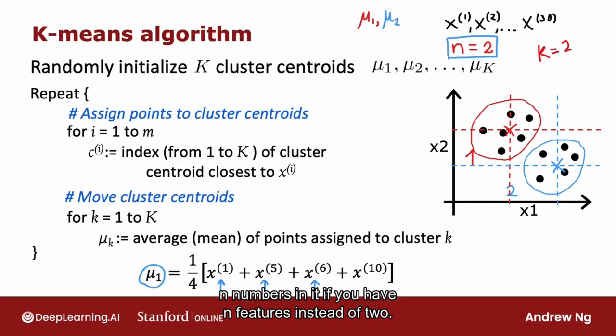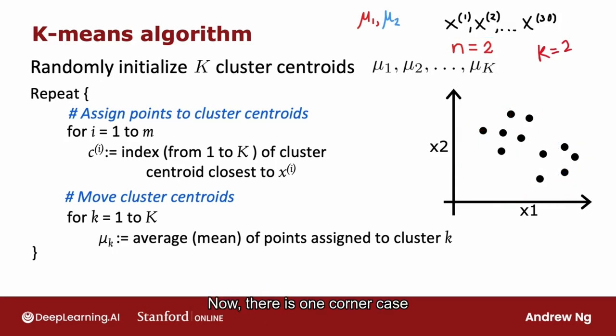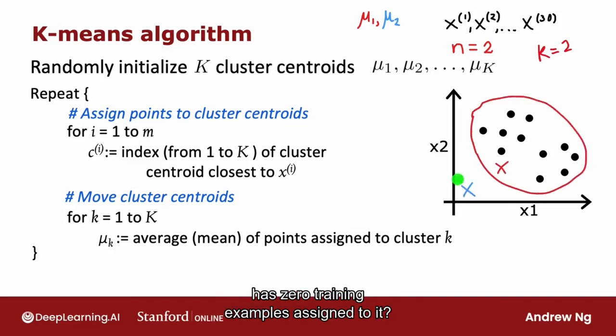Now, there is one corner case to this algorithm, which is what happens if a cluster has 0 training examples assigned to it. In that case, the second step, mu k, would be trying to compute the average of 0 points, and that's not well defined.